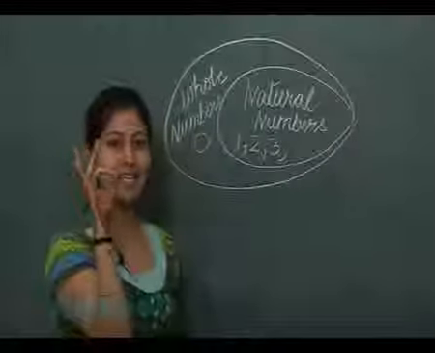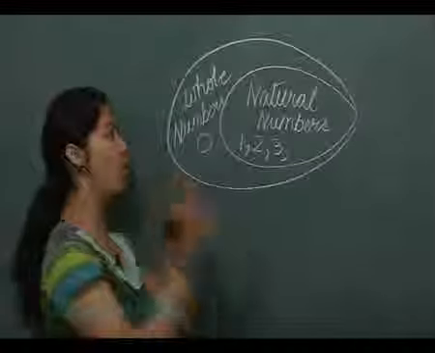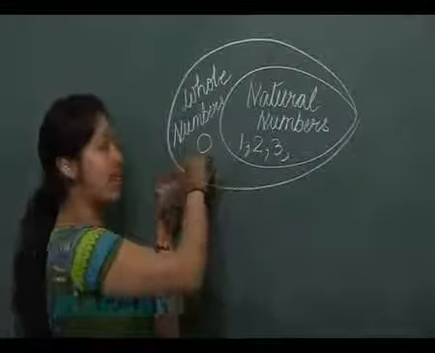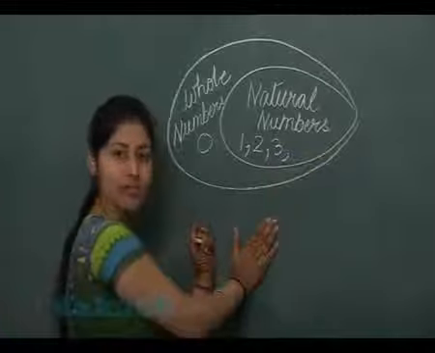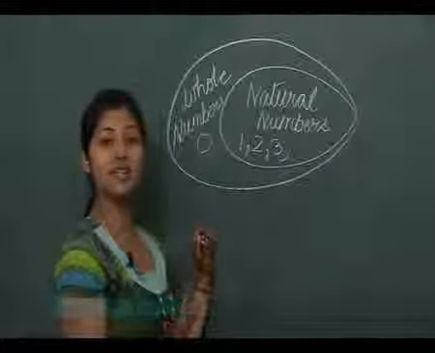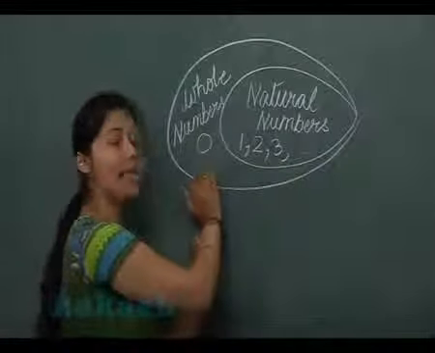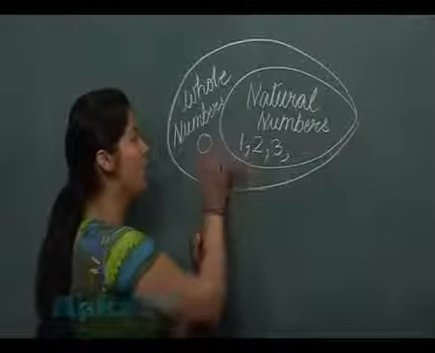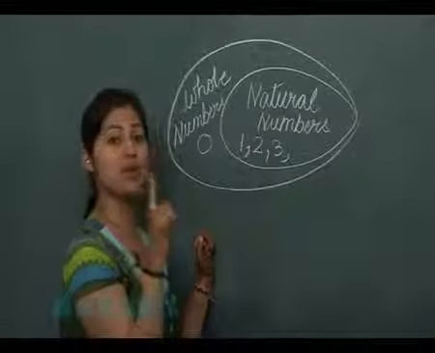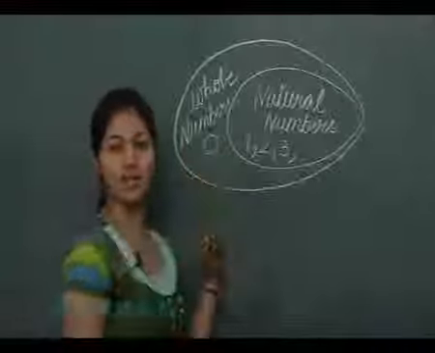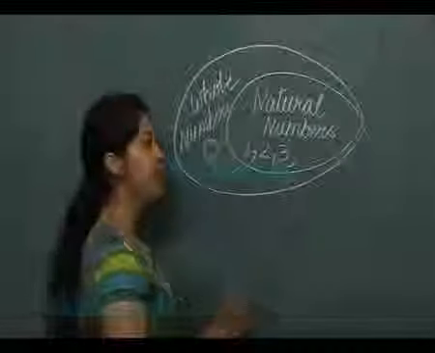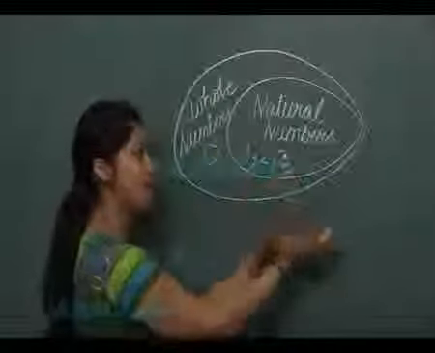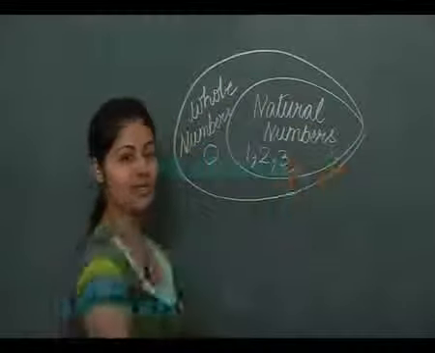So, that indicates that if I add this 0 to the natural numbers, I'll get the set of whole numbers. And this is the only difference between natural numbers and whole numbers, that whole numbers have one extra number, that is 0 with it. Is this thing very clear to you? If I add 0 to the natural numbers, we get whole numbers.